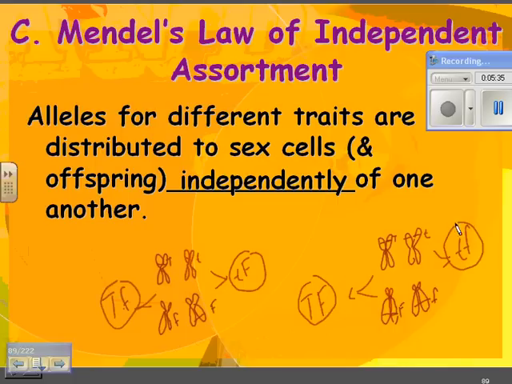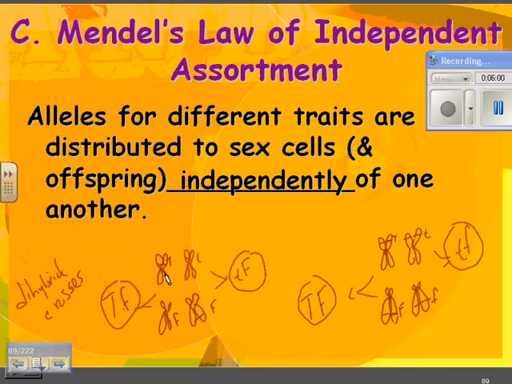So that's something that we're going to look at when we do dihybrid crosses, which is coming up in our next video. With a dihybrid cross, you look at two traits. In this case, how tall you are and whether or not you'll have freckles. And if you look at the gametes, there are four possible different gametes: big T, little f, or big T, big F, and little t, big F, or little t, little f.